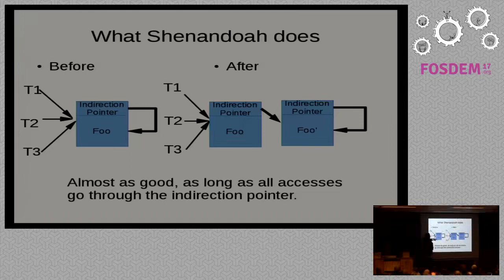The garbage collector comes along and makes a speculative copy of foo, and it does a CAS to change the indirection pointer to point to foo prime. So anytime anybody accesses this object, before the CAS, they get the old copy, and after the CAS, they get the new copy. And it doesn't matter whether they're in another thread stack or they're somewhere deep in the heap, they're always going to have the current copy of foo.